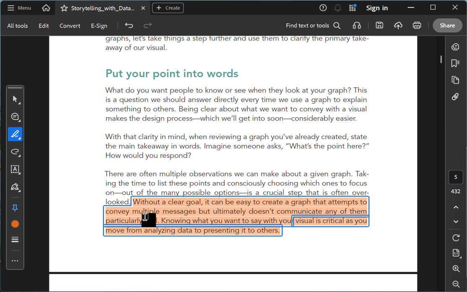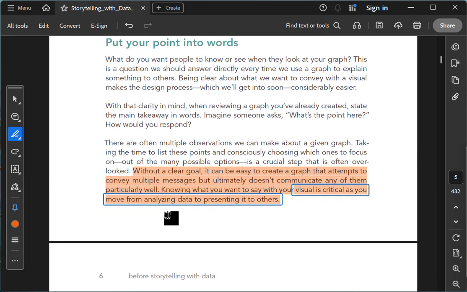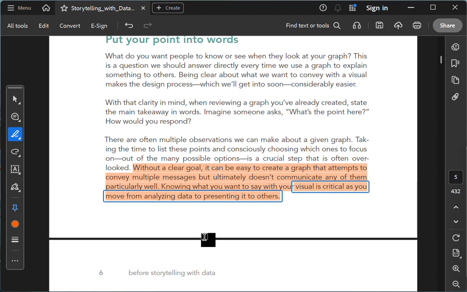Knowing what you want to say with your visual is critical so that you can move from just analyzing data to presenting it to others. So I like to think of this as, what's the summary? What's the key point? What's the main takeaway here? And once I have that, then I'm able to present that to my audience in words easy to understand, so that they don't have to guess what I am telling them.